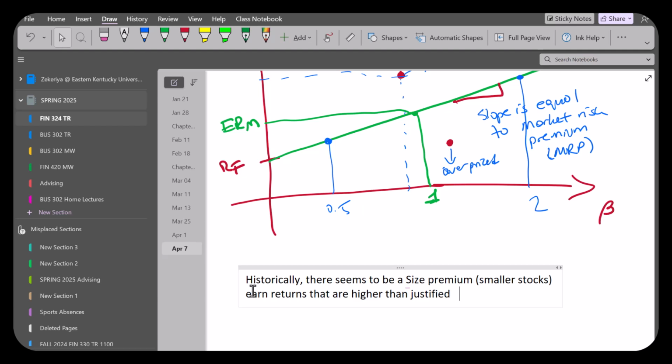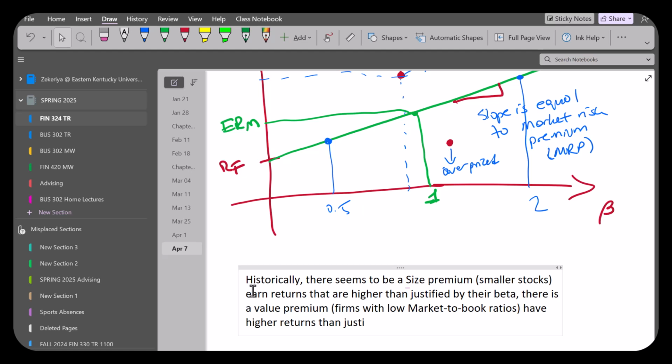And similarly, there is a value premium. Firms with low market to book ratios have higher returns than justified by beta differentials alone.